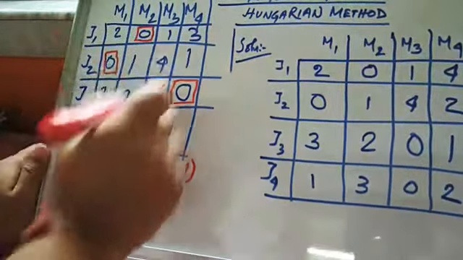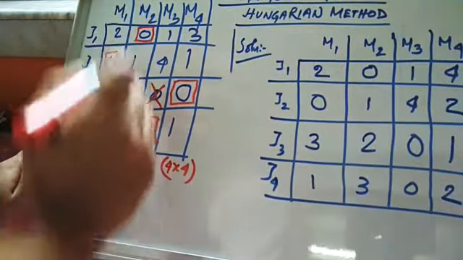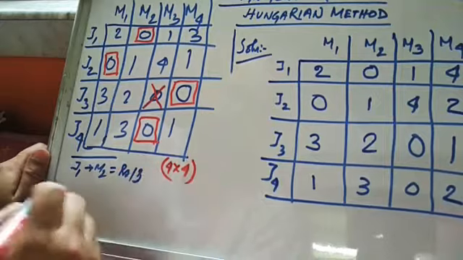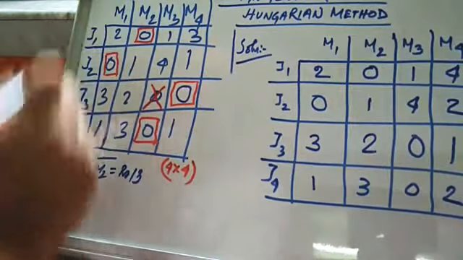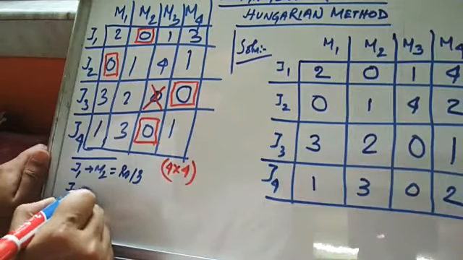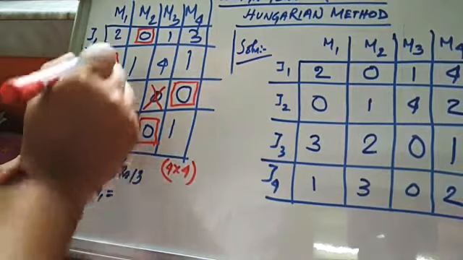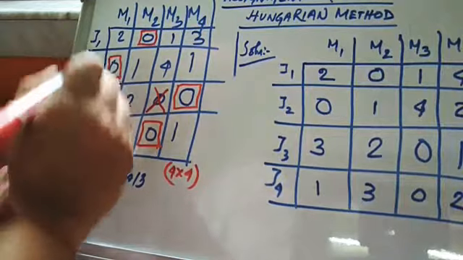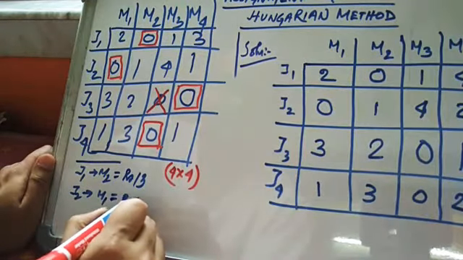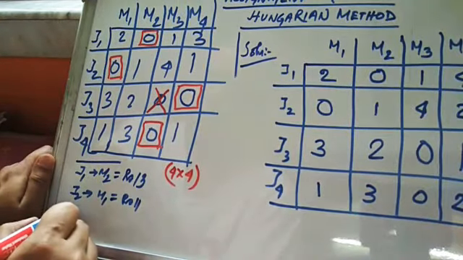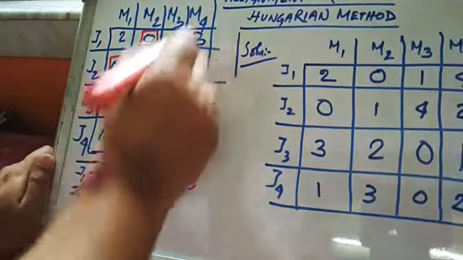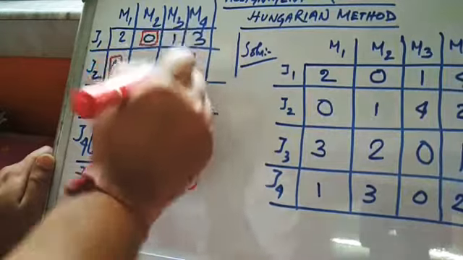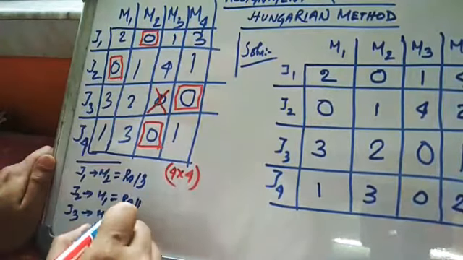In the given matrix of the problem, the value is 13 here, rupees 13. J2 is assigned to M1, and this cell in the main table has a value of rupees 11. J3 is assigned to M4, and this cell in the original matrix has rupees 11.